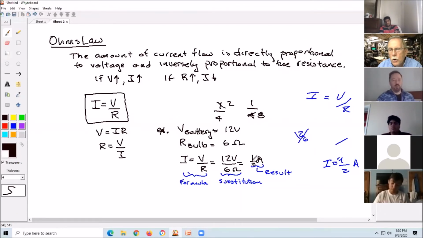So this one shows me you know what you were doing, you just made a mistake on the calculator. This one over here, if you had this on your exam, I'd be going, beats me what they did. So for your own benefit, and mostly for your benefit, always formula, substitution, and result.